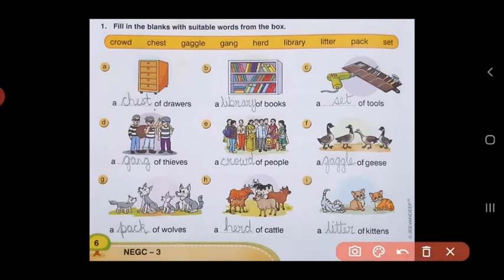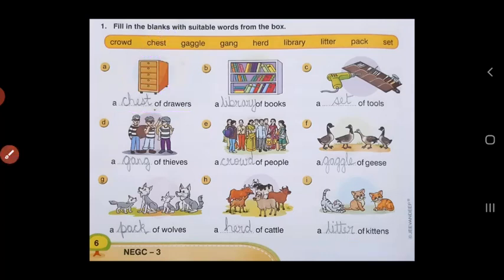Let's see the first one, A. These are drawers that are arranged together. So whenever there are many drawers together, we call it a chest of drawers. A chest of drawers.